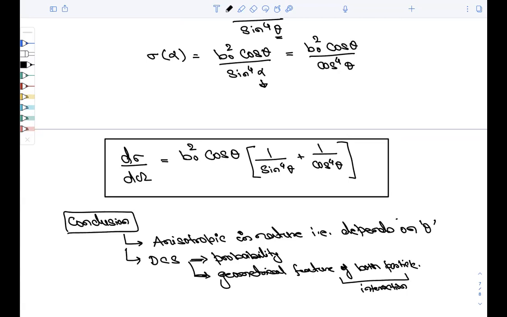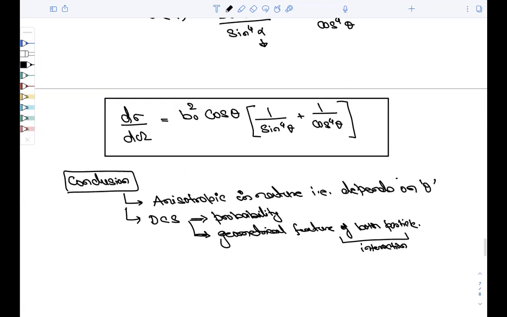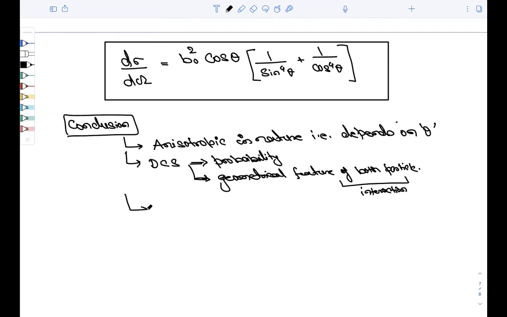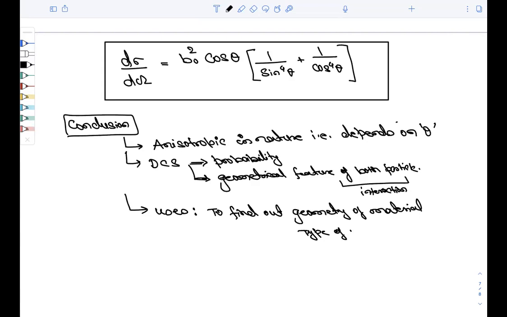These things you can simply write. Also, if you feel like writing even more, we have talked about probability and geometry, so we can write uses and applications. Where we can write the application: to find out the geometry of material, right? Type of interaction between the incident particle and the target particle, right?